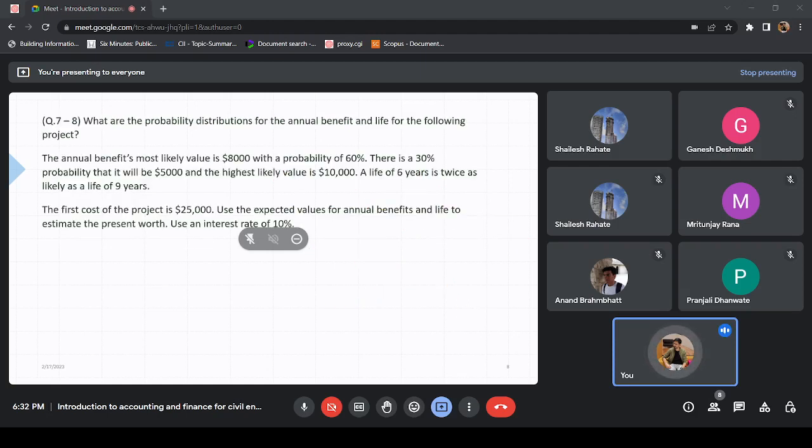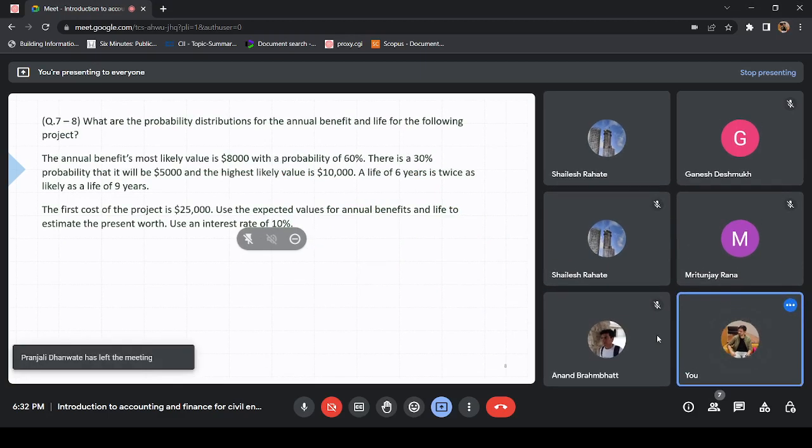Okay, do you guys have any question related to the first topic that we covered, replacement analysis? No question related to replacement analysis?